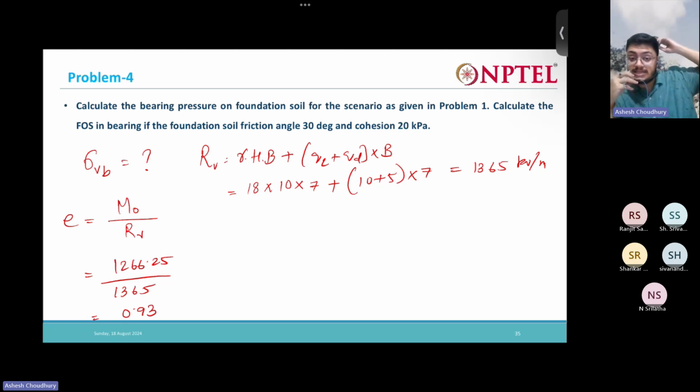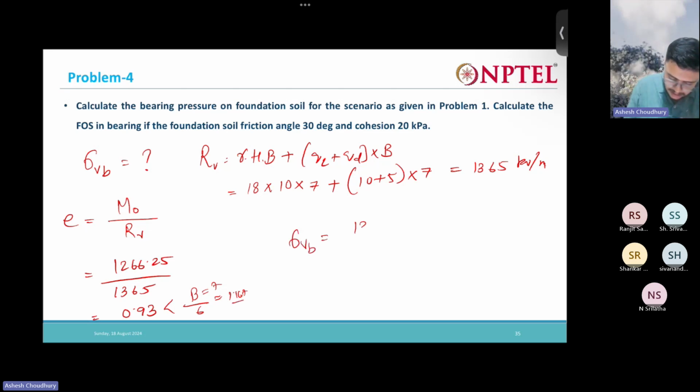Is it less than B by 6? How much is B by 6? It's less than B by 6, right? What is B? 7. 7 by 6 is 1.167. It is less than B by 6, so it's fine. So E is 0.93. Now sigma VB you can find out. 1365 divided by 7 minus 2 into 0.93.